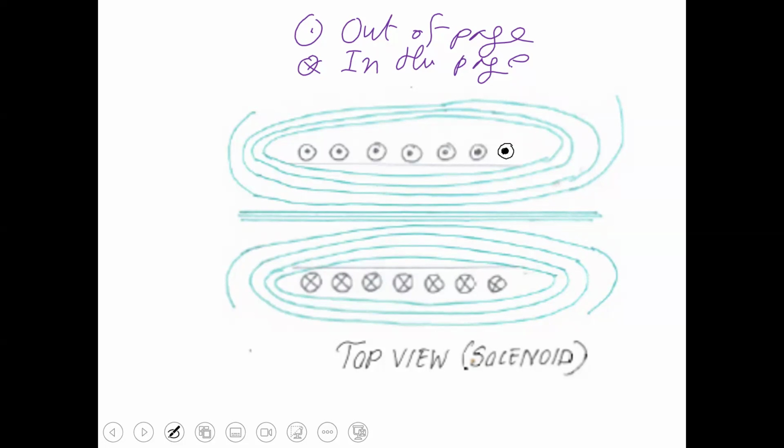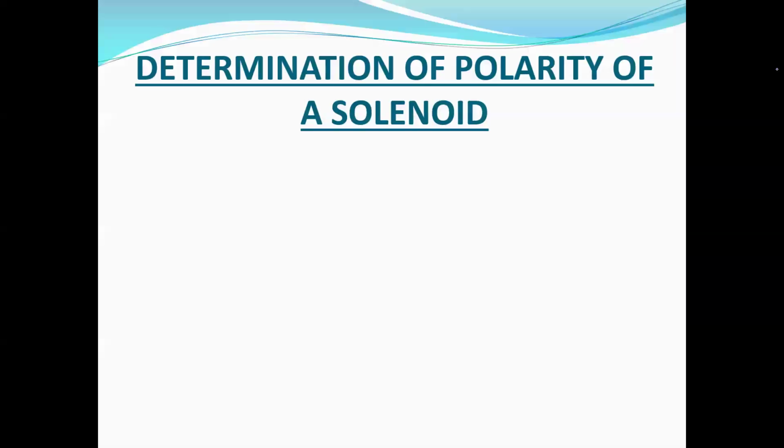This solenoid is on a table and you are watching it from the top. This is the top view of a solenoid. So give the heading for the next class: determination of polarity of a solenoid. Polarity means north pole and south pole.